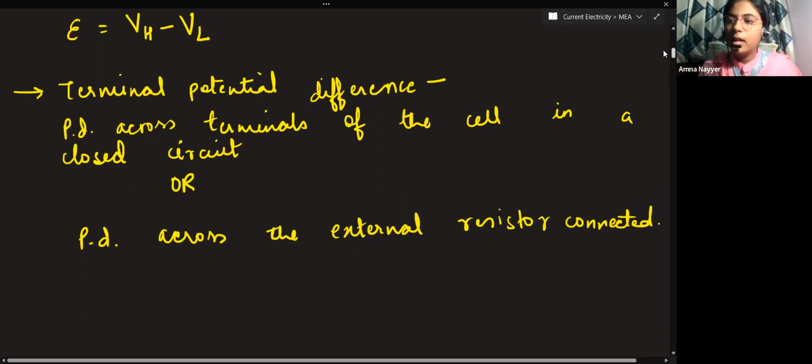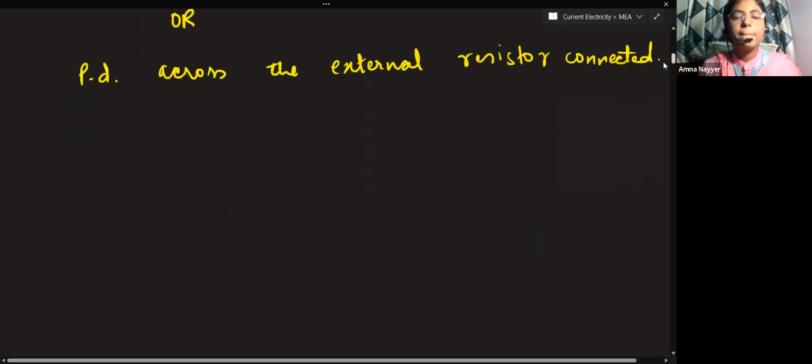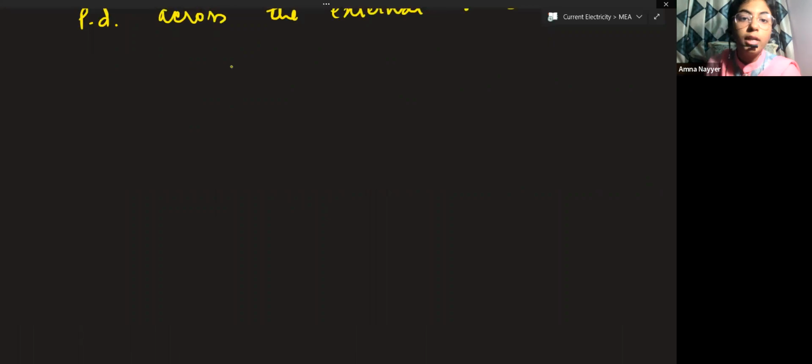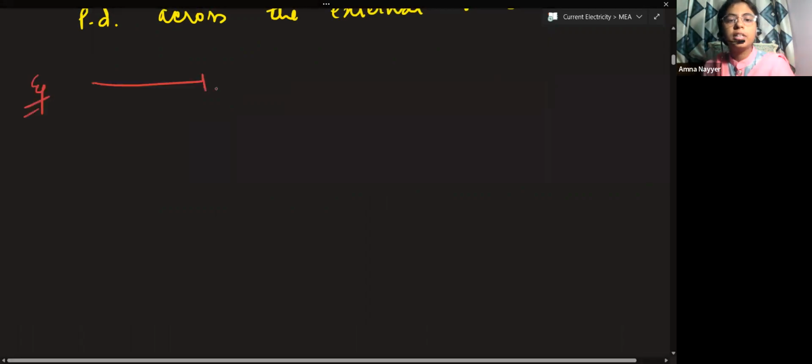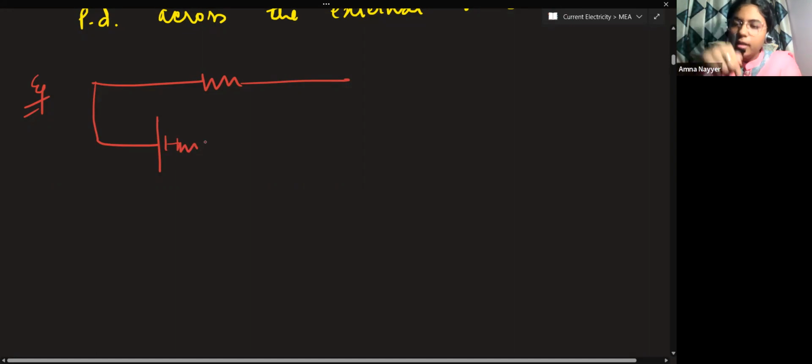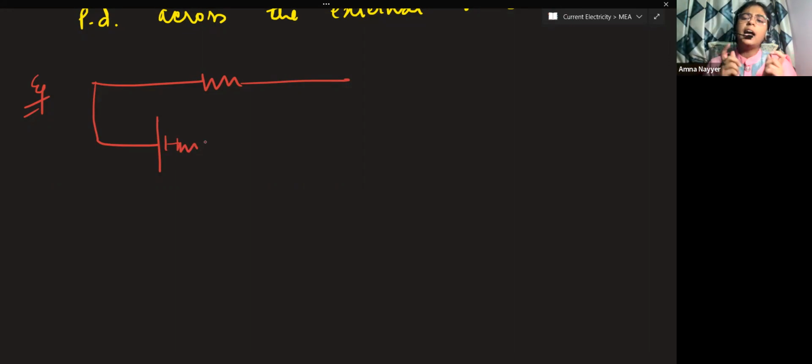Let me give you an example. What is an external resistor? What is an internal resistor? See, you have a resistor connected to a cell, and the internal resistance of the cell is connected along with it. It's actually not connected, but in the circuit, how will you show it? You cannot draw a cell and show its internal resistance, so just attach a small resistor adjacent to the cell.